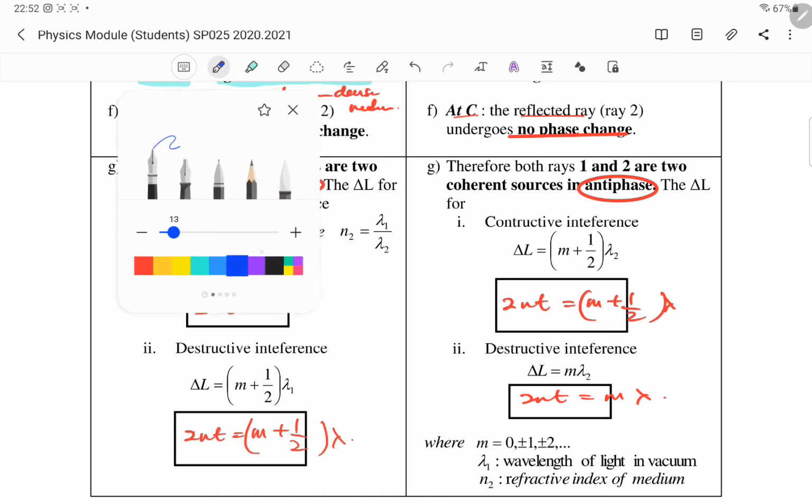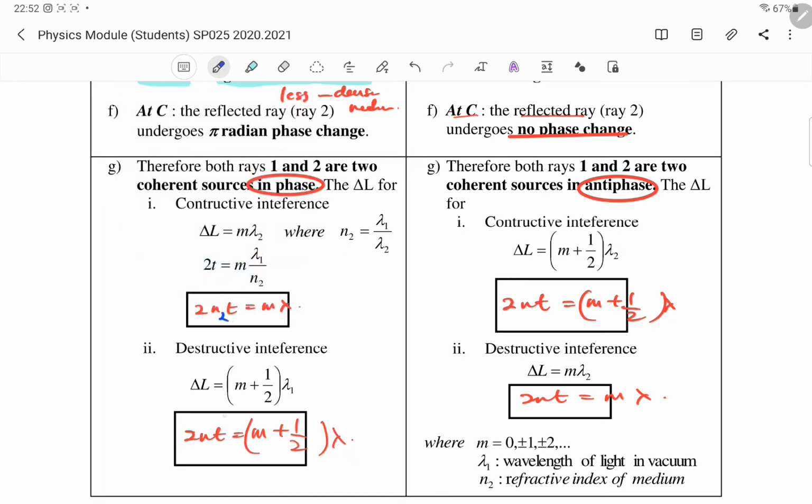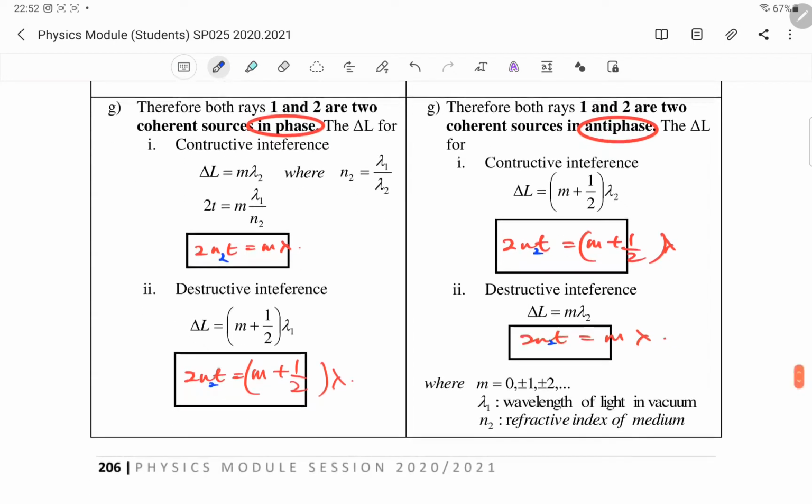But you have to know that the n must be n number 2. To find the t minimum, m mesti sama dengan 1 for one case, and for the other, t minimum m sama dengan 0.